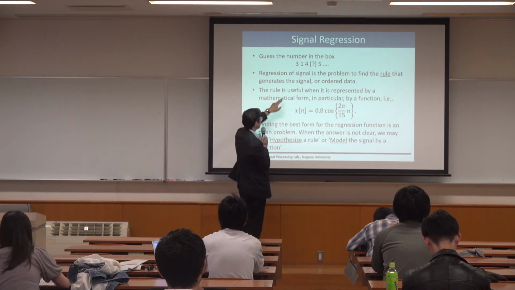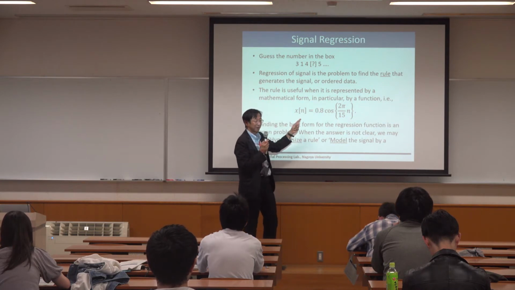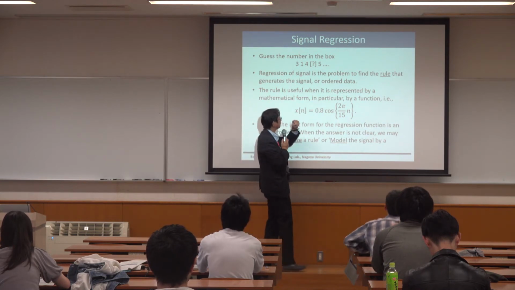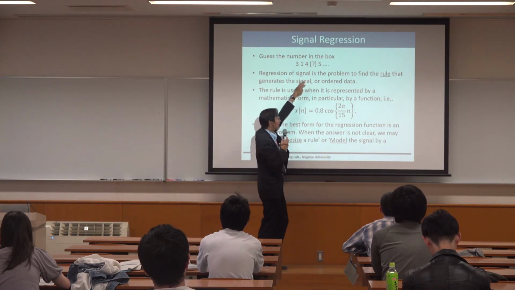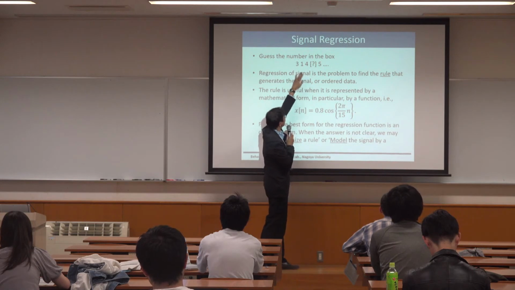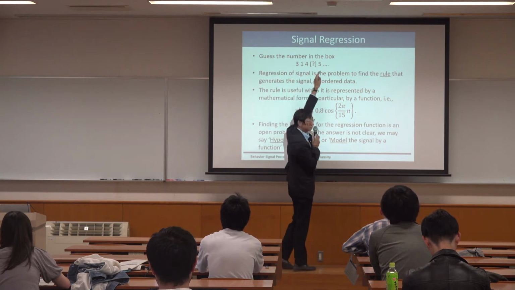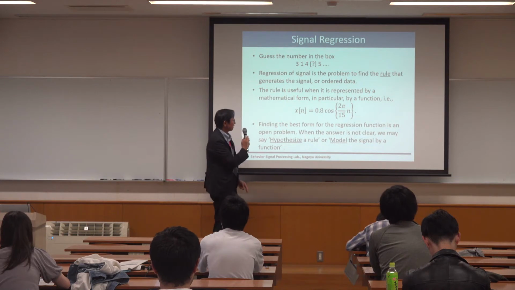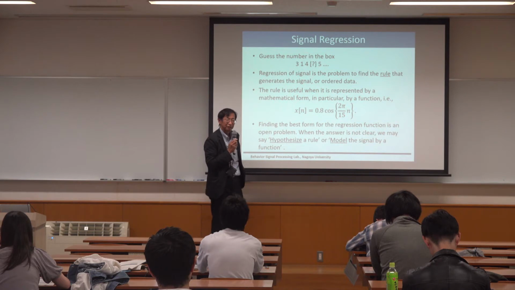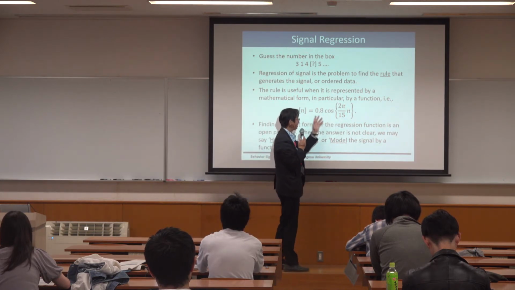And the rule is useful when it is represented by a mathematical form. In the original thought, I put 1 here, but it is not easy to write down the number as a function of order, like 1, 2, 3, 4, 5, because this is a sequence of real numbers.